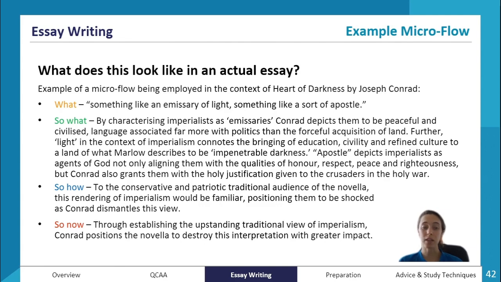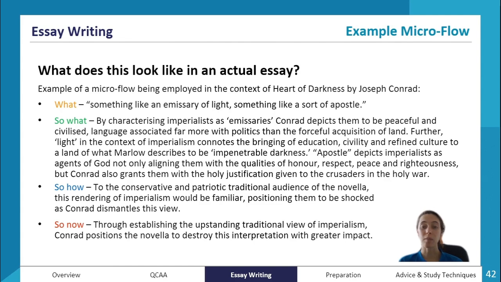So, by characterizing imperialists as emissionaries, Conrad depicts them to be peaceful and civilized, language associated far more with politics than the forceful acquisition of land. Further, light, in the context of imperialism, connotes the bringing of education, civility, and refined culture to a land of what Marlowe describes to be impenetrable darkness.